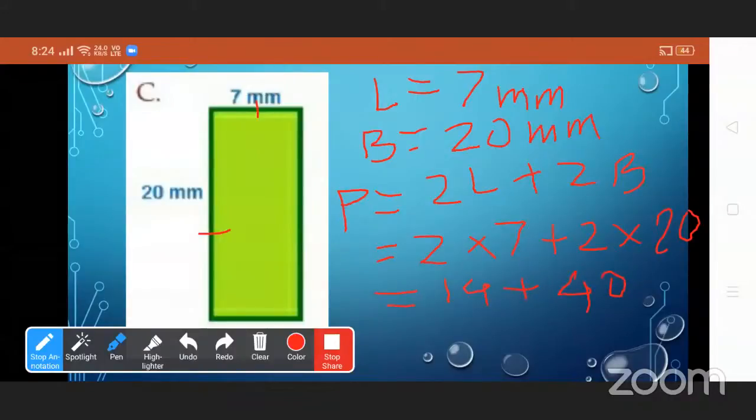Means 14 plus 40 is 54, na? So the perimeter of this rectangle is 54 millimeter. Yes na? Any doubt? The answer is correct na?